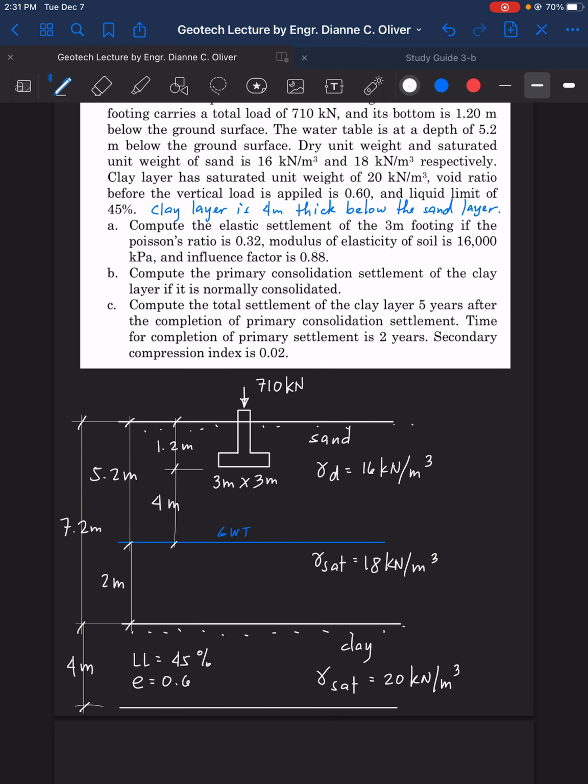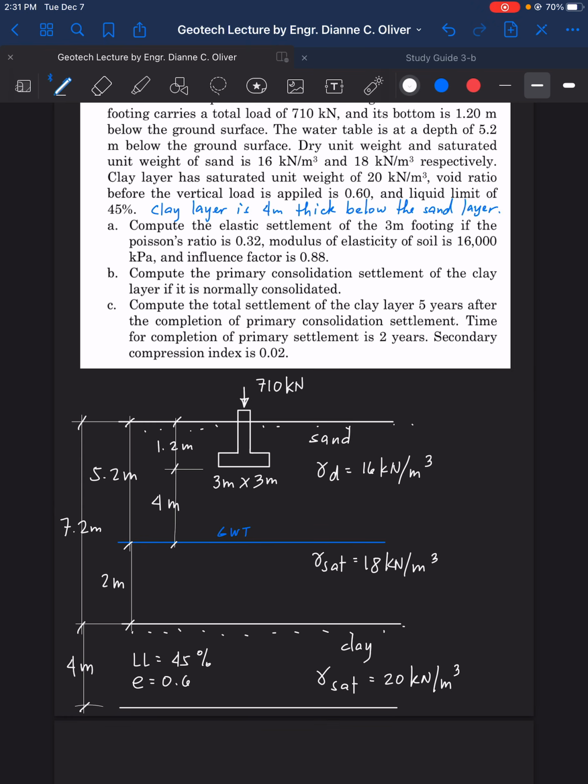Okay. Okay, so compute the elastic settlement of the 3-meter footing if the Poisson's ratio is 0.32, modulus of elasticity of soil is 16,000 kilopascal, and influence factor is 0.88.